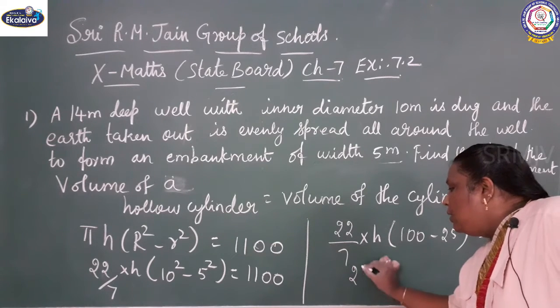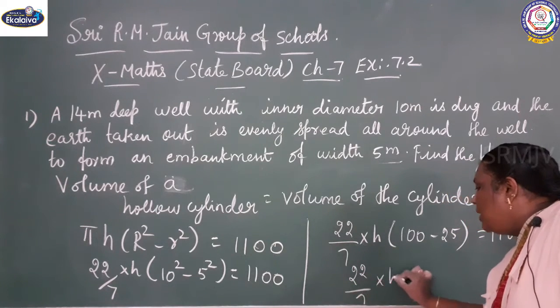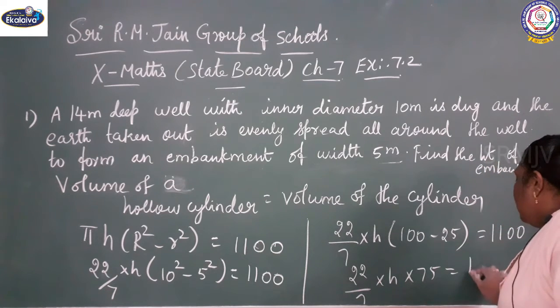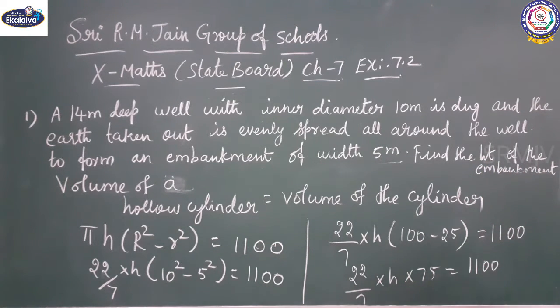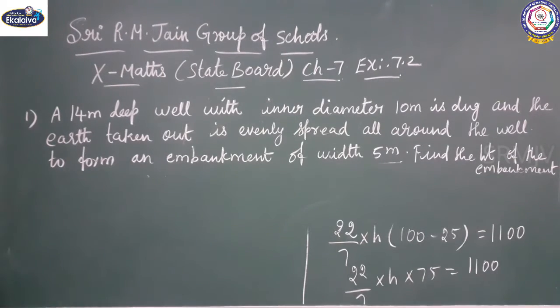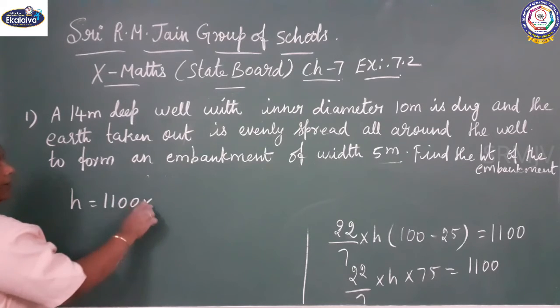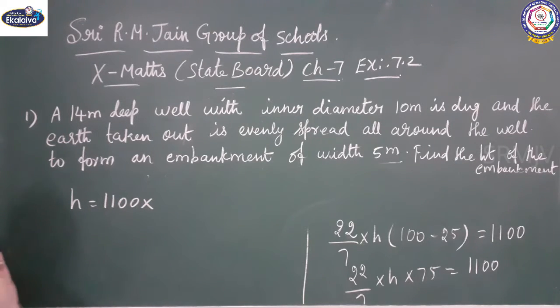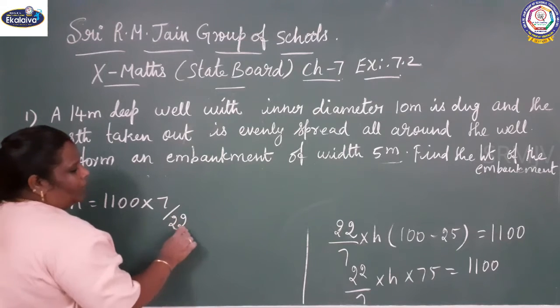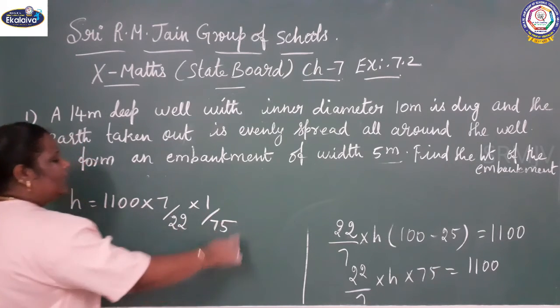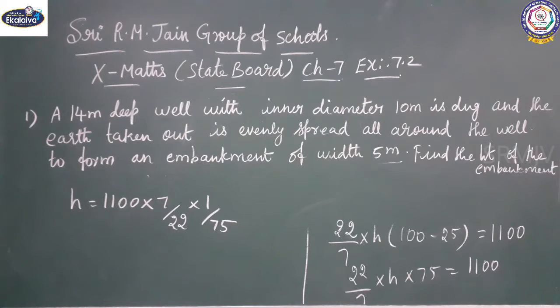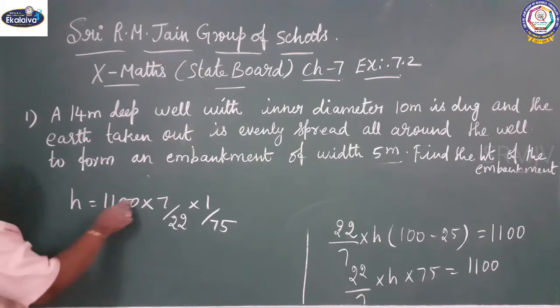So 22 by 7 into h into 75 equals 1100. Then h equals 1100 into the reciprocal, 7 by 22, into 1 by 75.